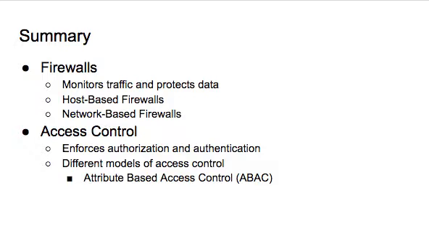Not only is access control helpful to users within an organization, but it also prevents unauthorized hacks. There are many different models of access control. However, overall, there are 4 different major types of access control. In this video, we only looked at the attribute-based access control model.